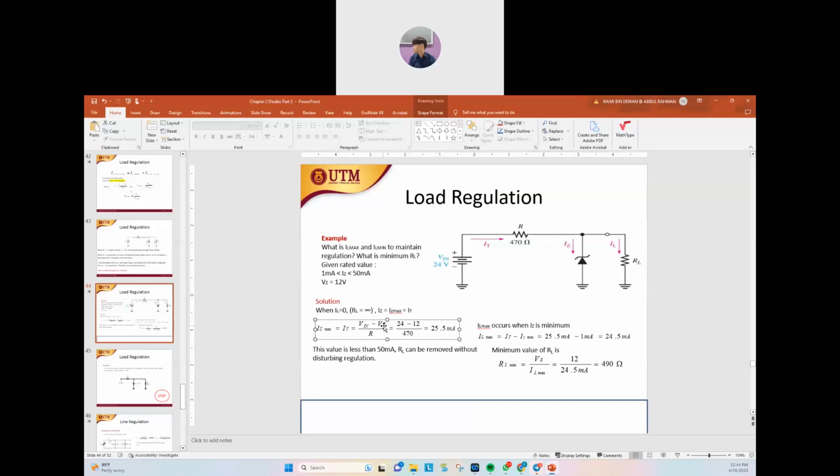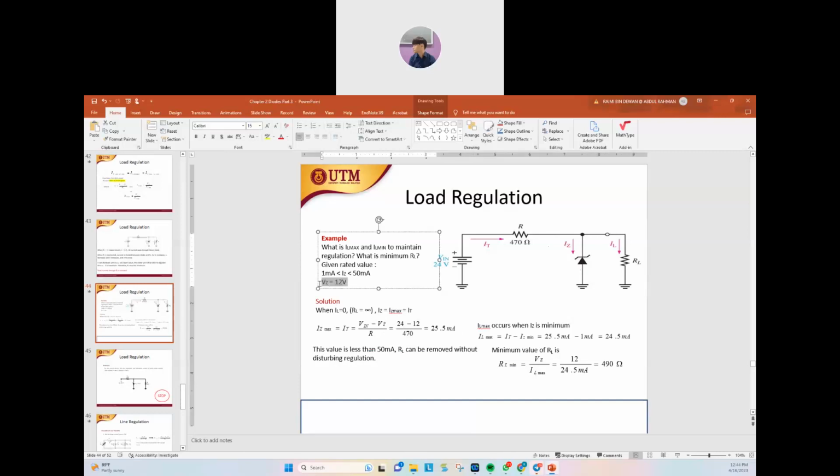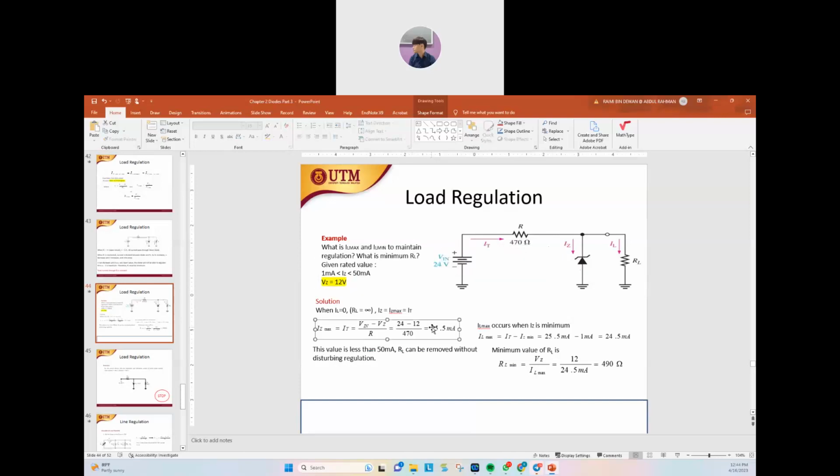So how do we get this VZ? We get it from here. And because IL equals 0, Iz will become maximum. So this is the maximum rated value. Based on the circuit and calculation, we get Iz max equal to 25.5 milliampere.